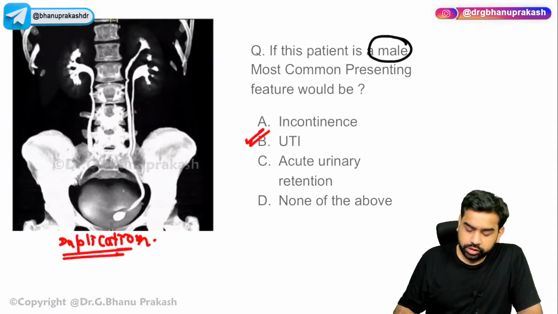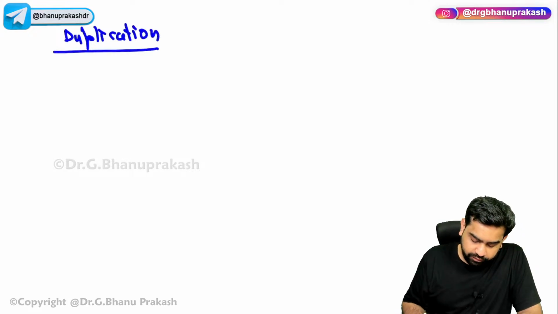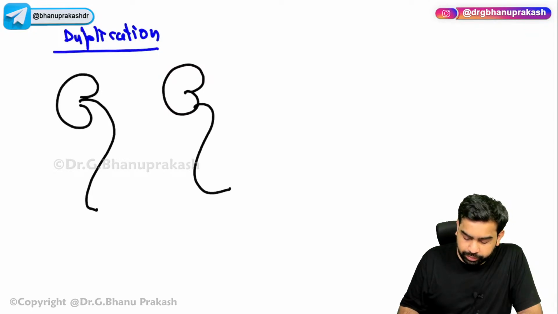Okay, so let's talk about the duplication of the ureter, because we also have a query over this. Normally, one kidney is drained by one ureter. Now in the duplication of the ureter, one kidney is drained by two ureters. The lower pole of the kidney is drained by one ureter, and the upper pole of the kidney is drained by another ureter.